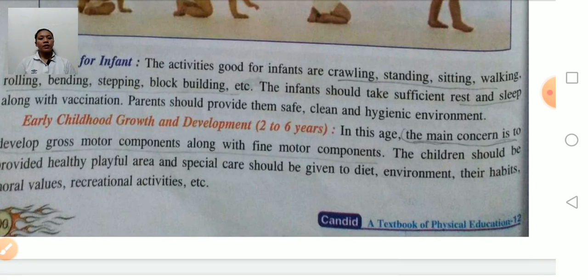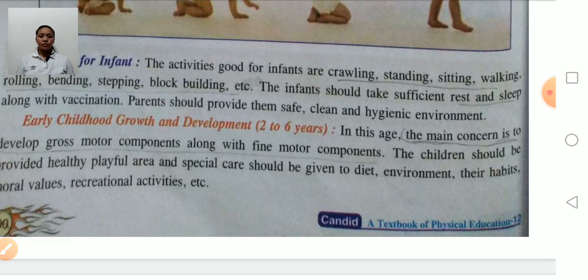Early childhood stage is from 2 years to 6 years. In this age, the main concern is to develop gross motor components along with fine motor components.